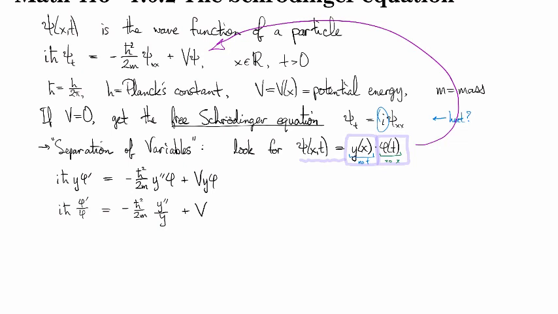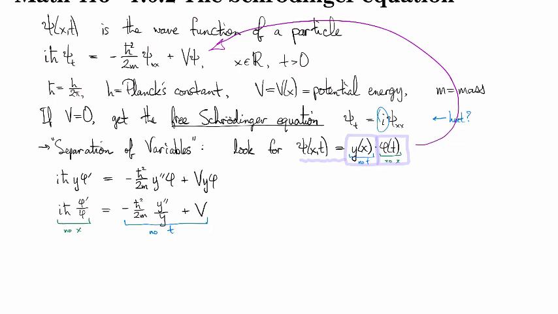Okay, so let's see what happens now. Well, now at this point, there is no t anywhere on the right-hand side. There's also no x anywhere on the left-hand side.